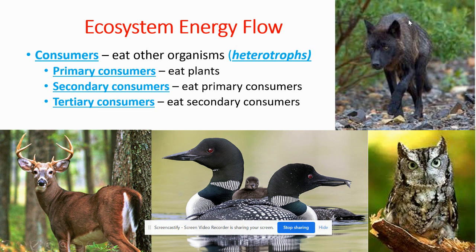Our wolf here, if you think about it, if the wolf ate the deer, the deer is the primary consumer. The secondary consumer would then be the wolf. If the wolf ate the loon, the loon was the secondary consumer because it ate the fish, which was the primary consumer. So then the wolf becomes the tertiary consumer. So really, these terms are based on where they fall in the food chain.